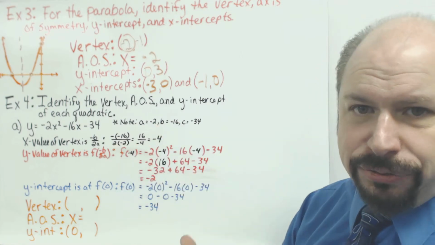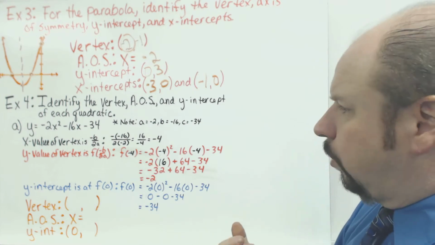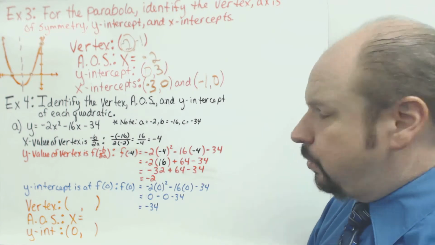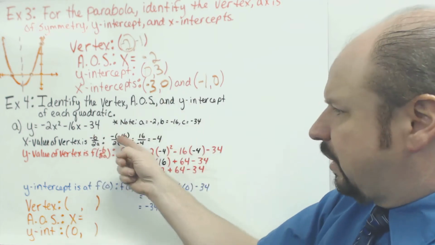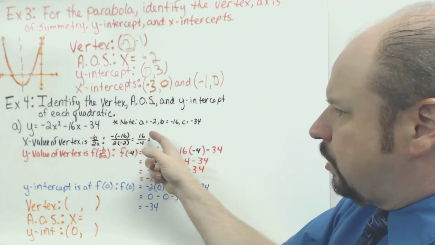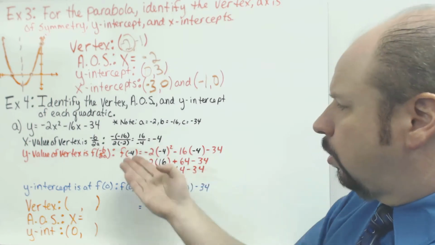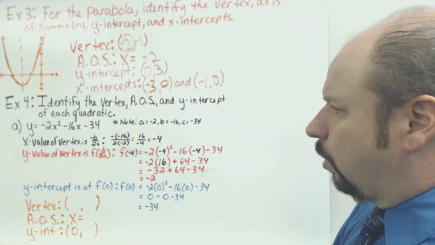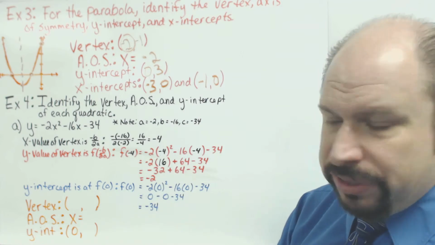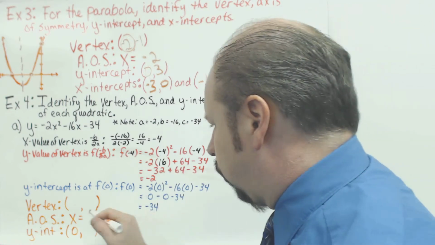So we have 16 over 2 times -2. If we begin to simplify, the opposite of a negative makes this positive, and we have 16 over -4. When we divide 16 by -4, we get -4. So the x value of our vertex is at -4.